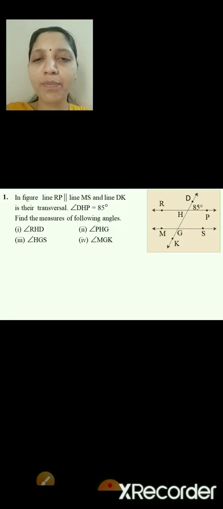Angle DHP is equal to 85 degrees. Find the measure of the following angles. Now here two parallel lines are given to you, and line DK is the transversal, and angle DHP is given as 85 degrees, and you have to find angle RHD.